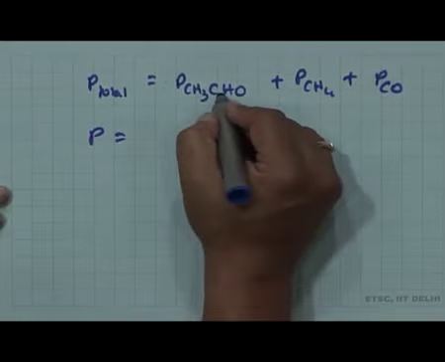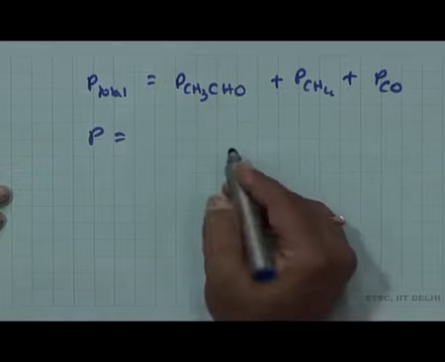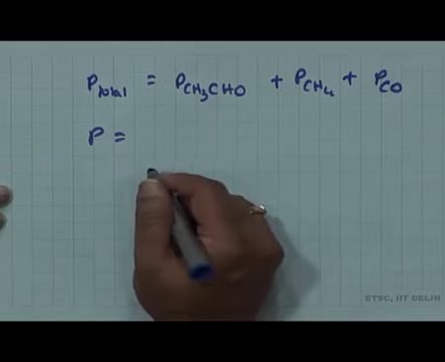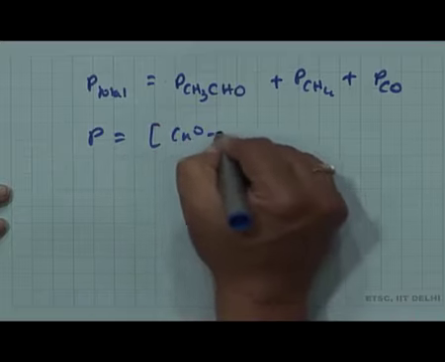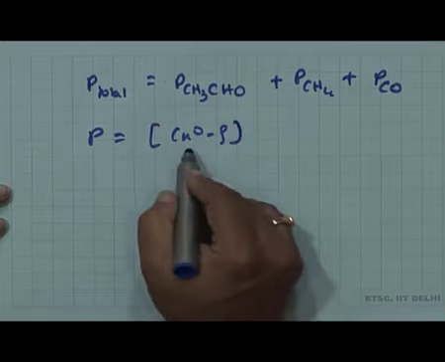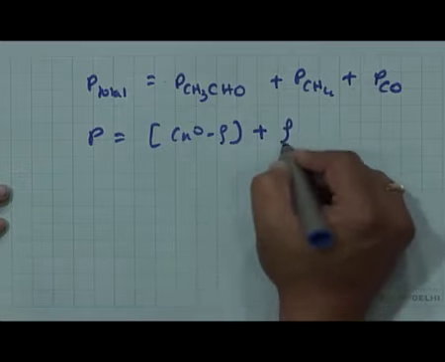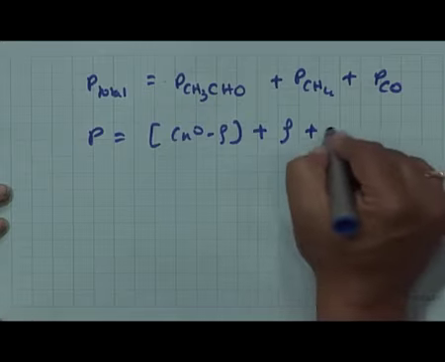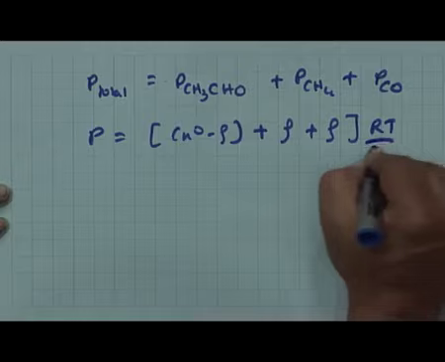We already have expressions for each of these, we just wrote those down. So I can write that as N0 minus xi, the number of moles of acetaldehyde, plus xi, the number of moles of methane, plus xi, the number of moles of carbon monoxide, times RT over V.